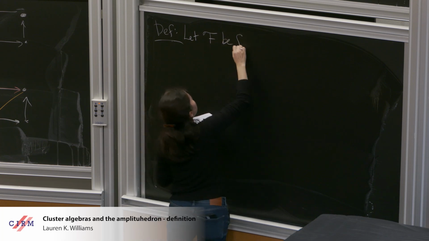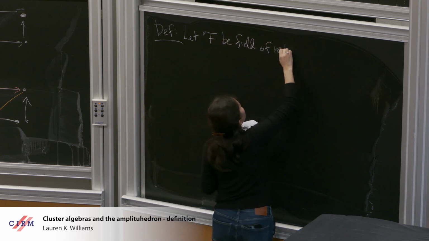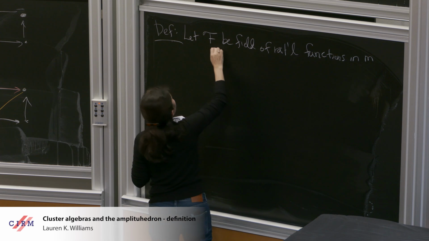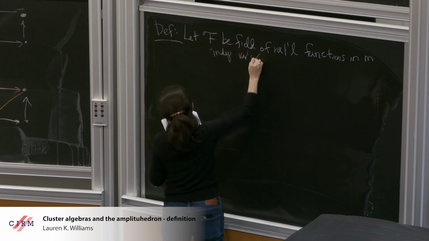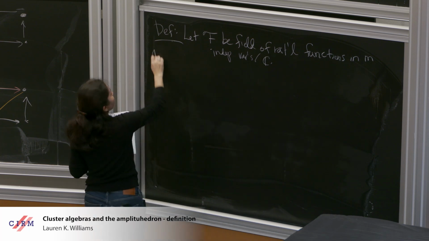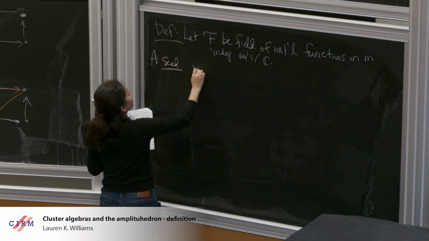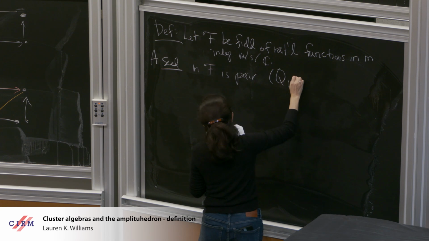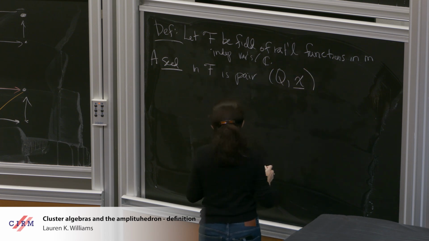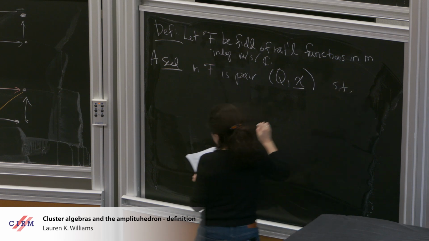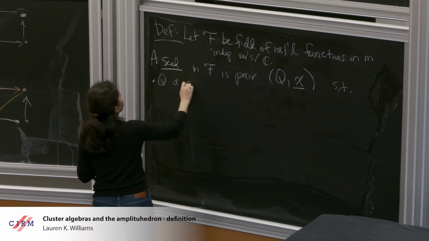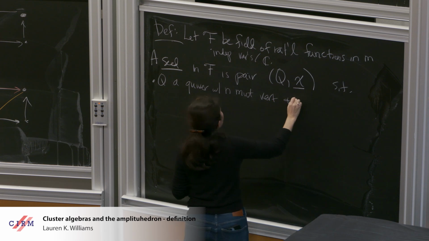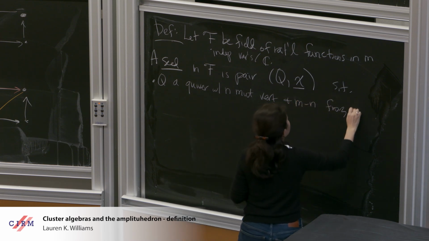So we let F be a field of rational functions in M independent variables over C. And then a seed in F is a pair consisting of a quiver together with what's called a cluster X, where Q is a quiver with n mutable vertices and m minus n frozen vertices.